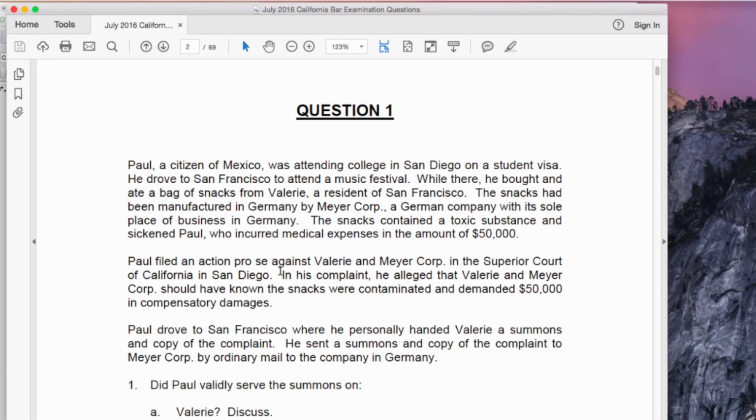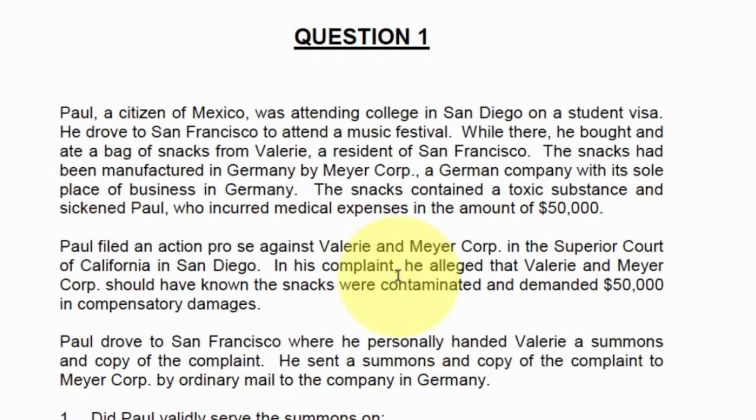Let's see now. It says that Paul is alleging that Valerie Mayer should have known that the snacks were contaminated. That sounds like negligence, and that's not a federal question. Now the other way to get us there is through diversity, and we have the alienage diversity rule, and that says that a district court would have jurisdiction between citizens of a state and citizens of a foreign state.